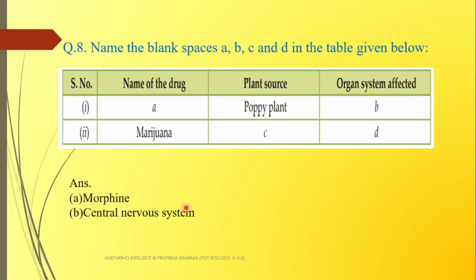It is acting on the central nervous system and is a strong analgesic and depressant. Second, marijuana. So marijuana, Cannabis sativa, it's a hallucinogen, and the effect is that it affects the cardiovascular system.